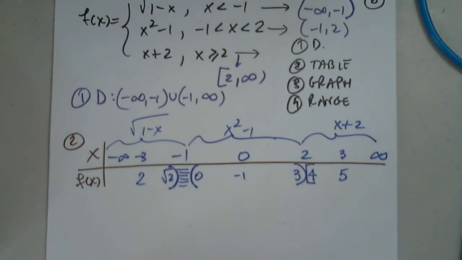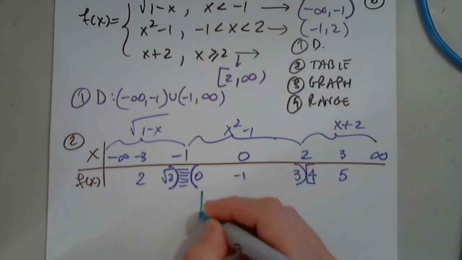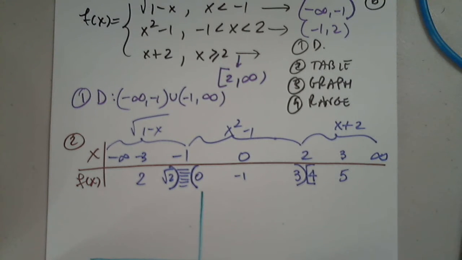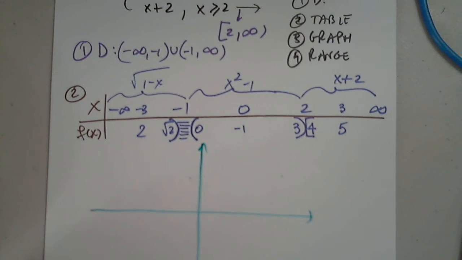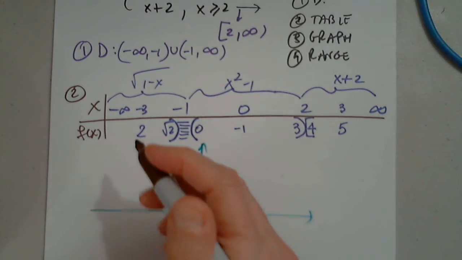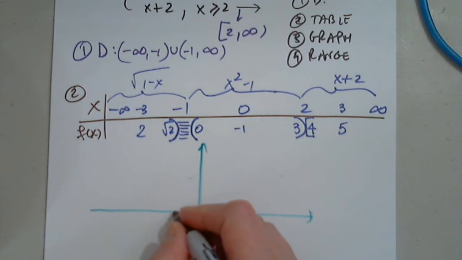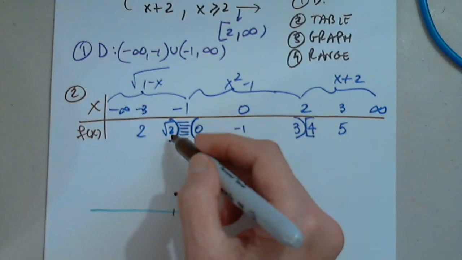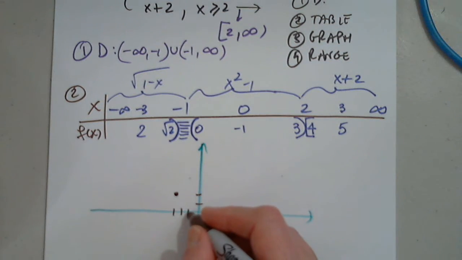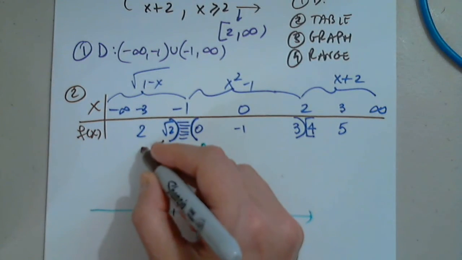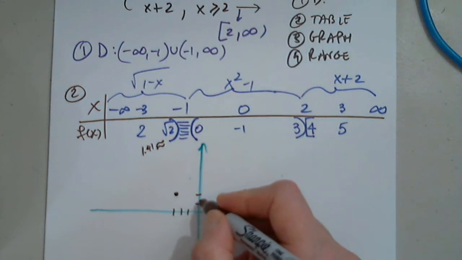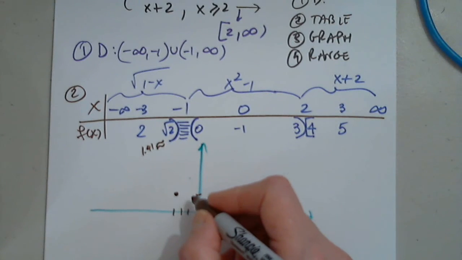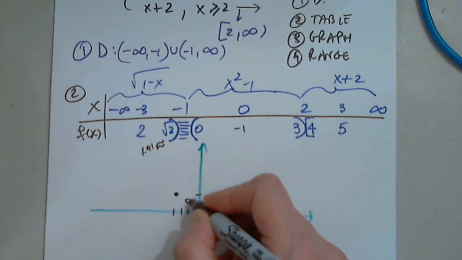Okay, first, -3, 2. -1, the square root of 2 is difficult because this is approximately 1.41. So I'm going to graph it here, and it has to be an open point.